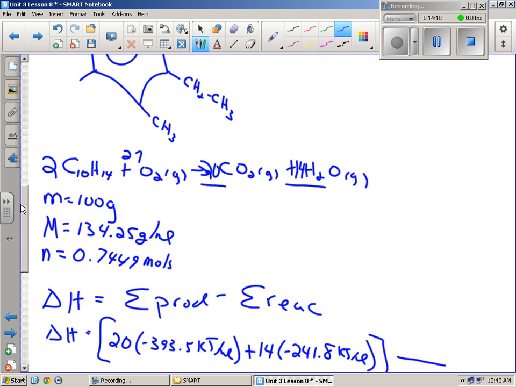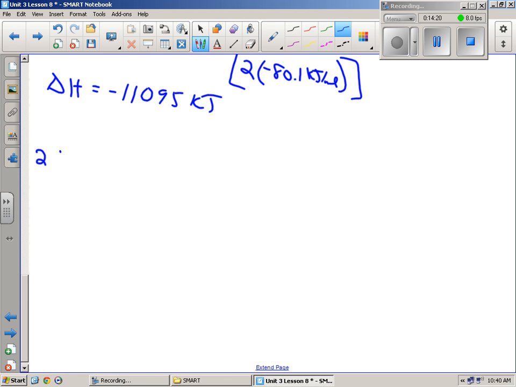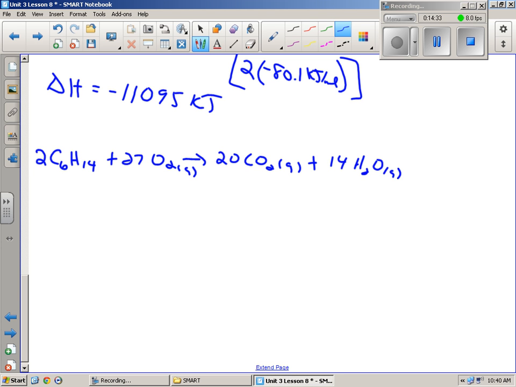So it was 2 C10H14 and 27 oxygens gives me 20 carbon dioxides and 14 waters, and delta H for this is a negative 11,095 kilojoules. Okay, all right. So that's a balanced thermochemical equation for this one.